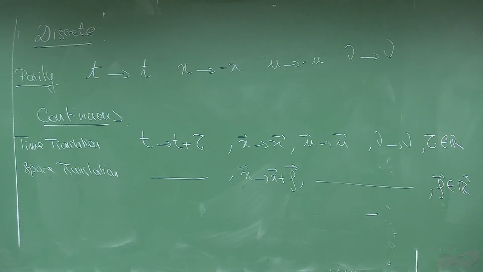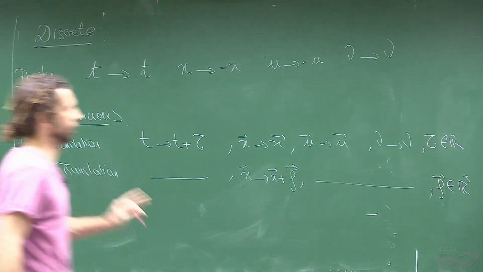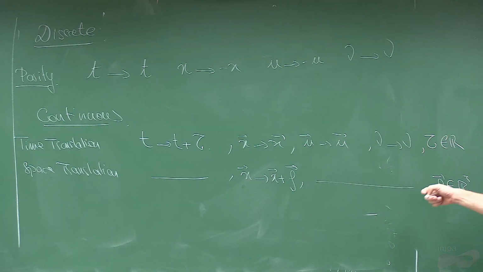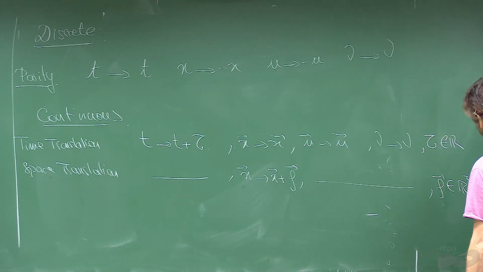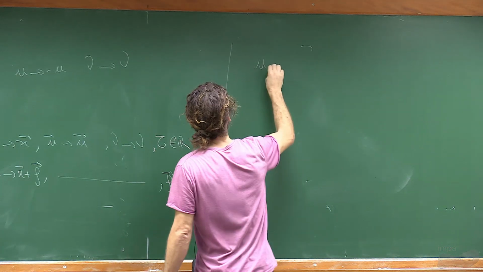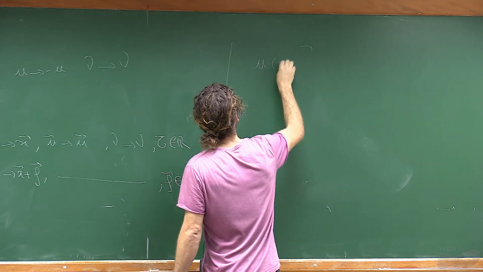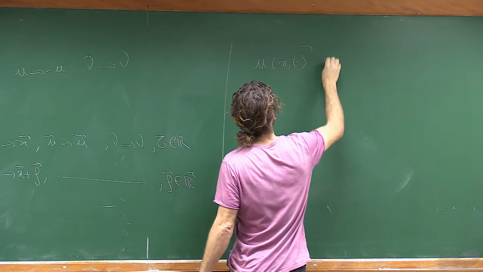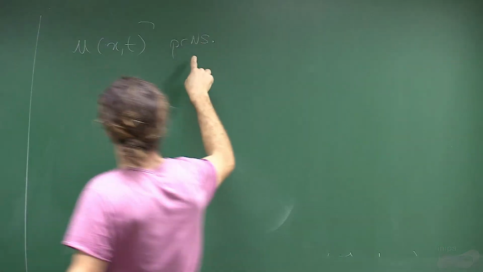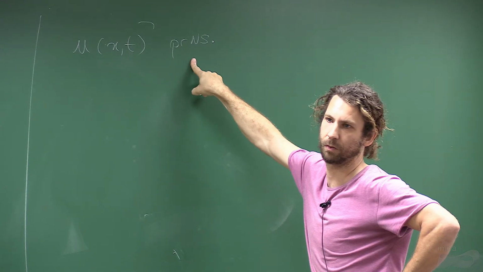So just to clarify what it means: suppose I have u nu, u of x t, a physically reasonable Navier-Stokes solution.